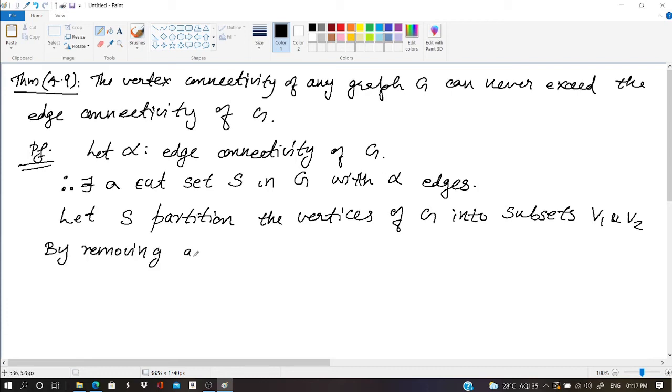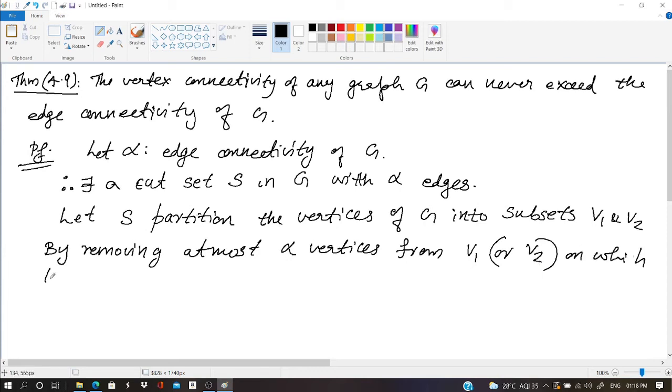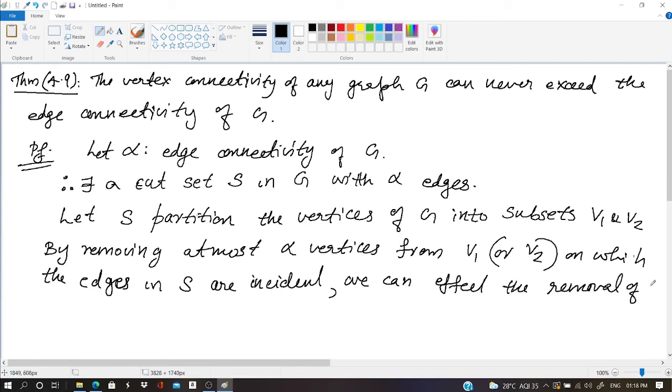By removing at most alpha vertices from V1 or V2 on which the edges in S are incident, we can effect the removal of S.